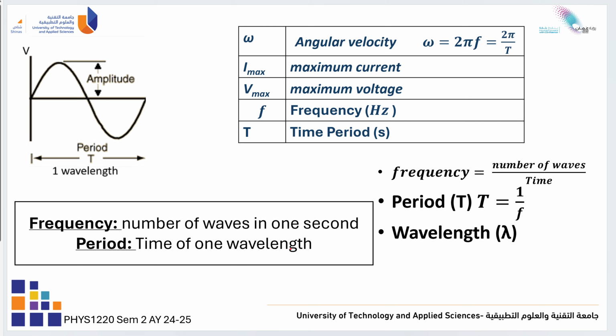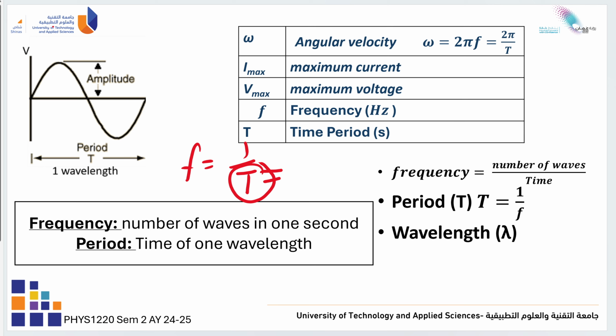Now here they are telling about the frequency and the time period. I already told you that f is equal to 1 over T, and T is the time period. If you need to find the value of the time period from the wave, how do we find it? The definition of the time period is the time of one wave.